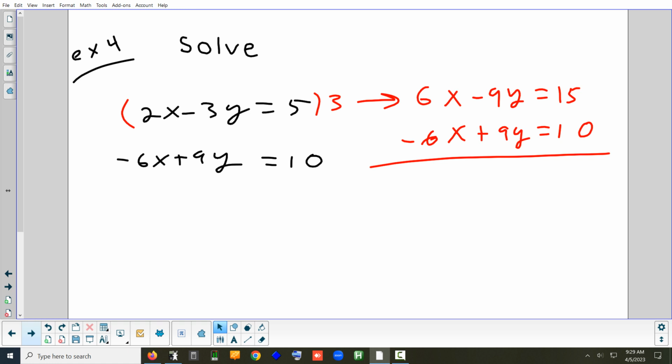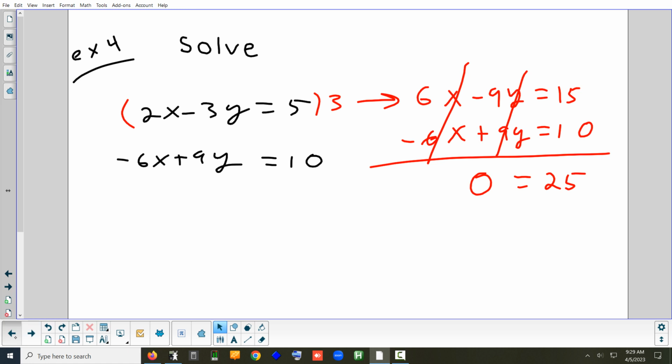Alright, let's add the first column. What happens there? Cancel. Second column, same thing. Cancel. So we've got to put something on this side. 0. And what goes on the right? 25. Okay, we're done. So 0 equals 25.